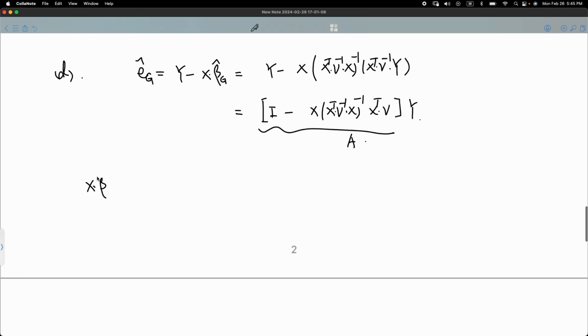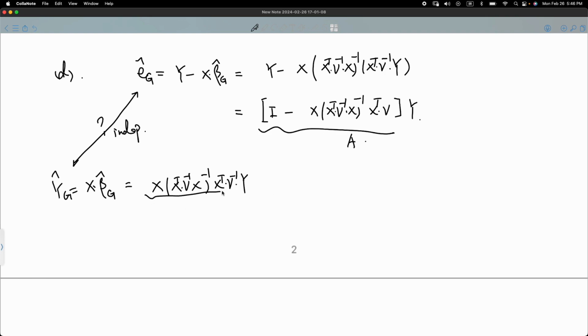Then x beta G, so this is the y hat G. So we want to show that these two are independent. Are they independent or not? We're going to write that by plugging in x transpose V inverse x inverse x transpose V inverse y.